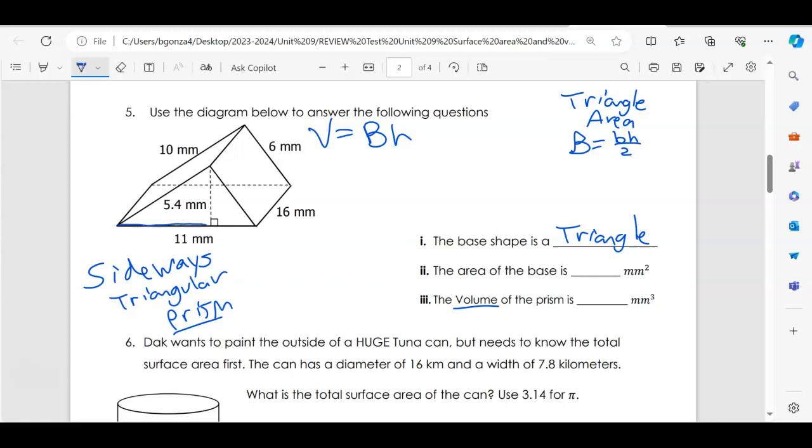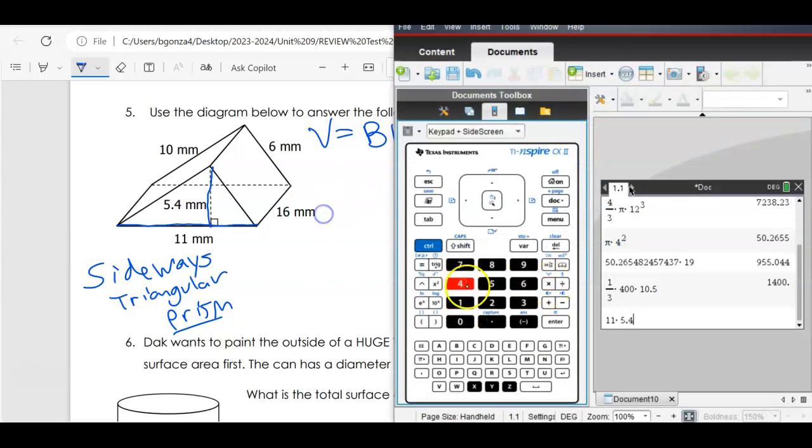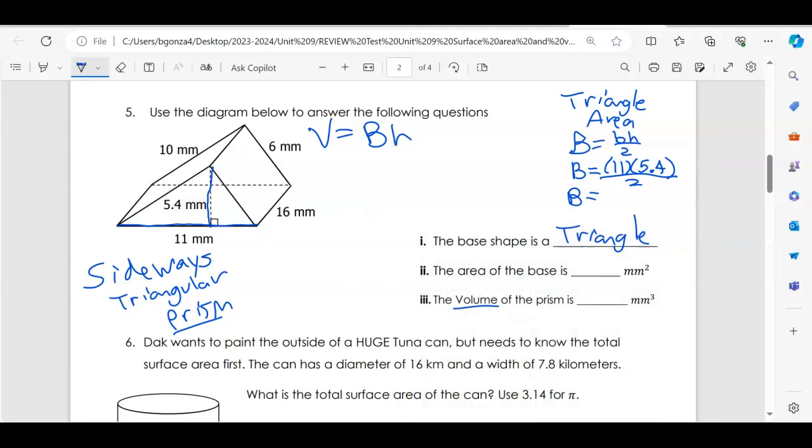So the base of the triangle is 11. The height of the triangle is 5.4, divided by 2. 11 times 5.4 divided by 2 is 29.7 for my big B.